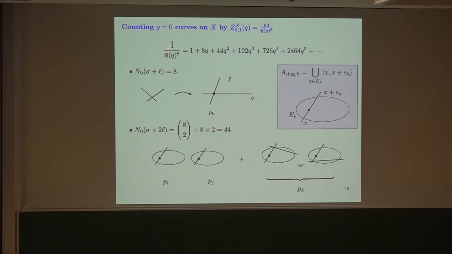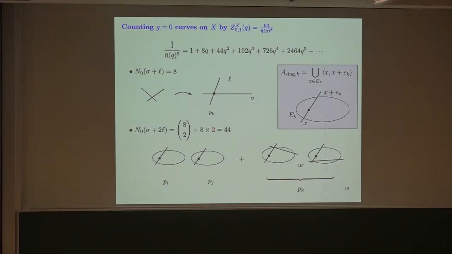Actually, the generating function was 64 times this function. The 64 is the choice of section, so just forget the 64. Just choose one section, and then the line, so beta is sigma plus L, one single line.